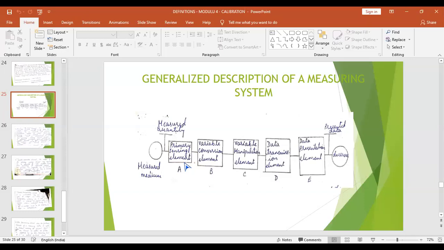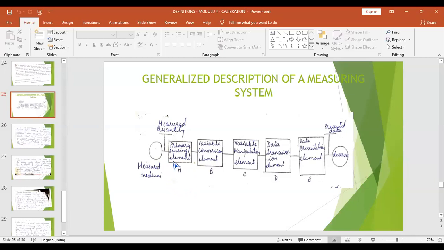After applying the load on the cantilever beam, the beam deflects. Due to the deflection of the beam, there will be a change in the resistance of the strain gauges. That change in resistance is measured in terms of millivolts.